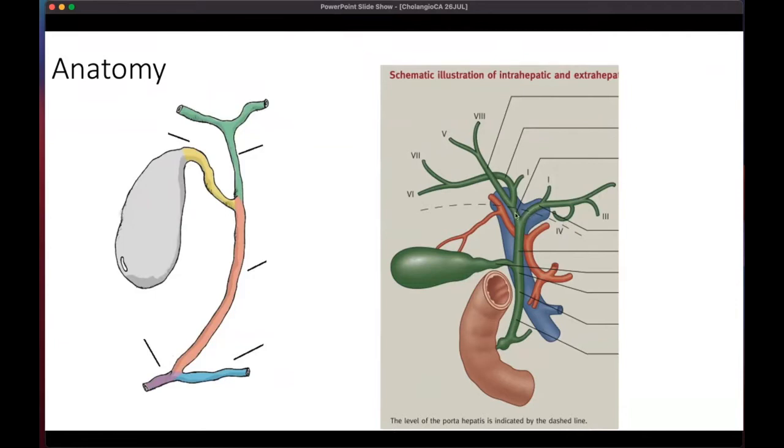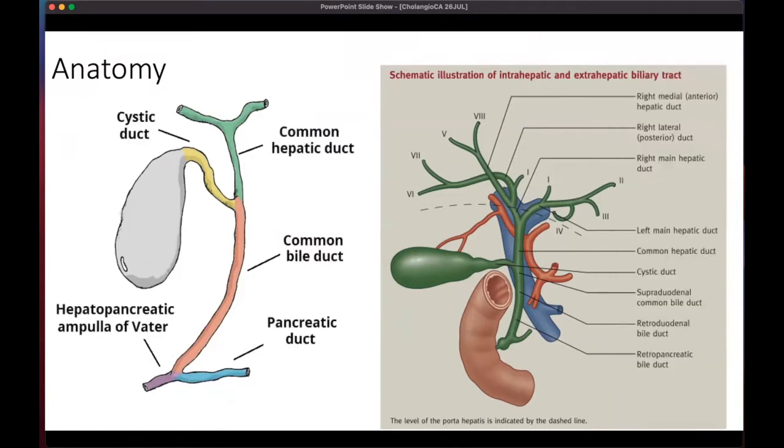So if you have a hilar cholangio that's right at the confluence, you can get further onto the left duct without significant consequences and without having to sew to multiple branches. Whereas on the right, it starts branching pretty early. So if you have to creep back onto the right, you're going to have to sew to at least 2 branches. We'll get into that later, but these are just the anatomic considerations to keep in mind.